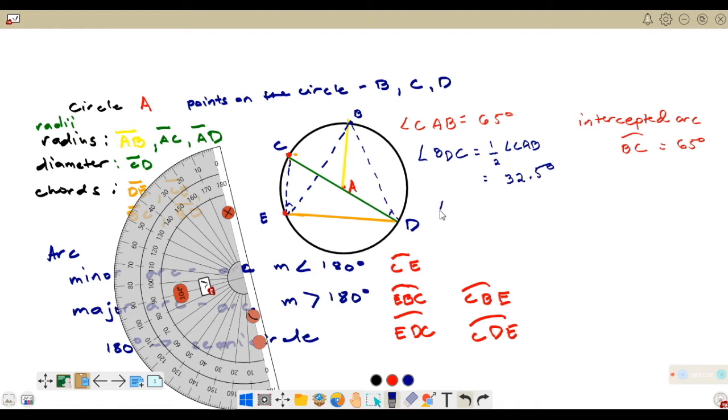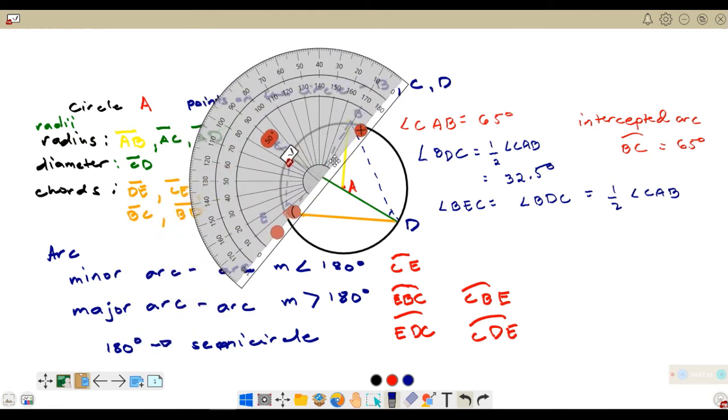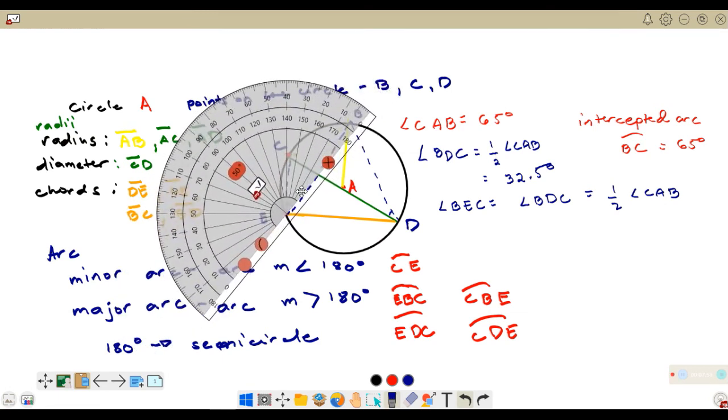Ang isa pang inscribed na angle natin ay si BEC. So, si BEC dapat kapareha siya ng measurement ni BDC, which is half the measurement of angle CAB, our central angle. So, now, let's look at the actual measurement using our protractor ulit. So, plot ko lang to dun sa mga points natin.